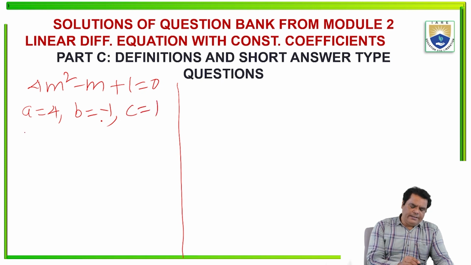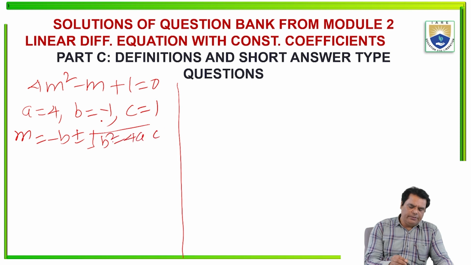Apply the formula: m is equal to minus b plus minus under root b square minus 4ac upon 2a.